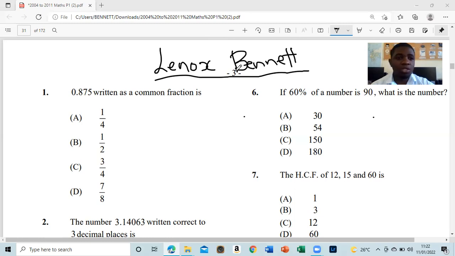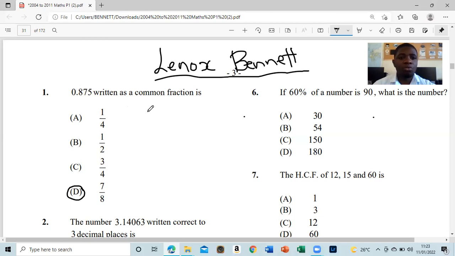So the first one says 0.875 written as a common fraction is. This one is a kind of giveaway because if you look closely, a quarter is 0.25, this is a half, and 3/4 will be 0.75. So it simply means it would be 7/8. Guys, at times you don't necessarily have to work it out, but if we were to work it out, we have converted this.